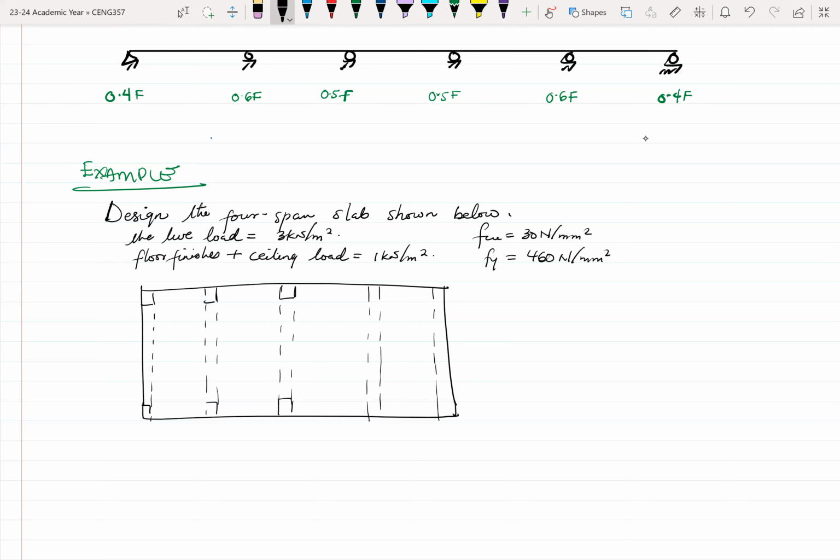I'm just showing this so that we know it's a slab with beams and the beams are also on the columns. Each one here is a span. This is 7 meters, and this distance here at the centers is 4.5, 4.5, 4.5, 4.5 meters all the way. Take note, these are beams.